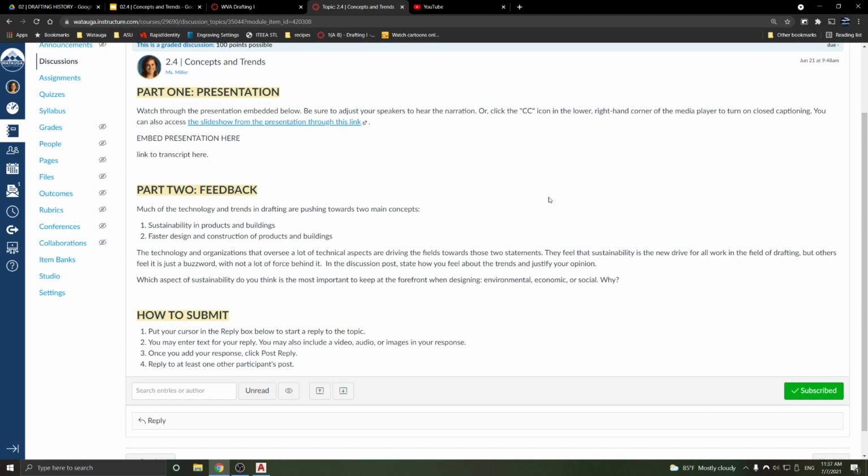A lot of people feel that this push towards sustainability is just the new standard for the field of drafting, manufacturing, and architecture, but others feel it's maybe just a buzzword or a trend that is going to die down at some point.